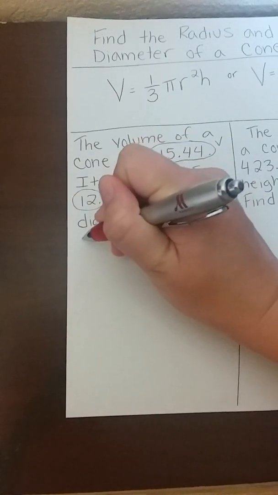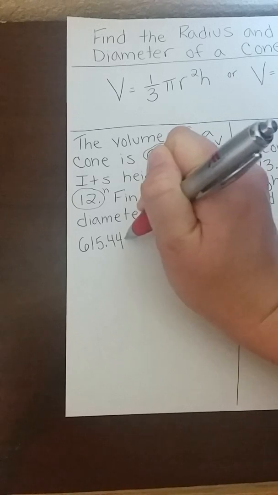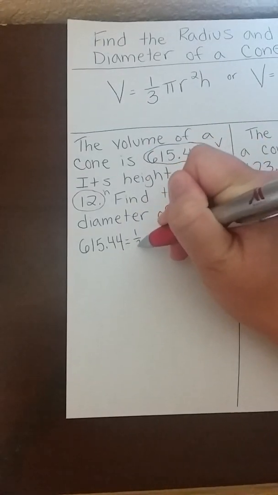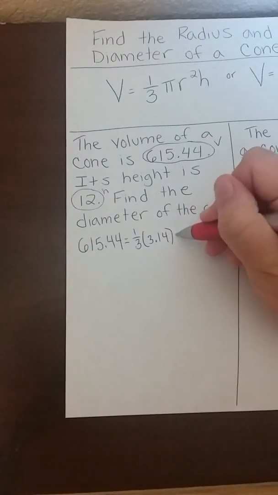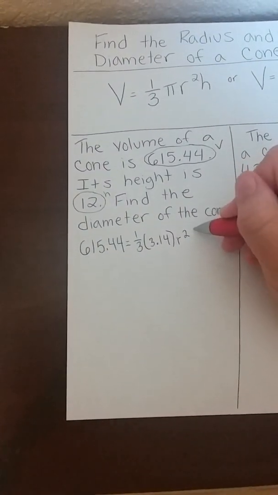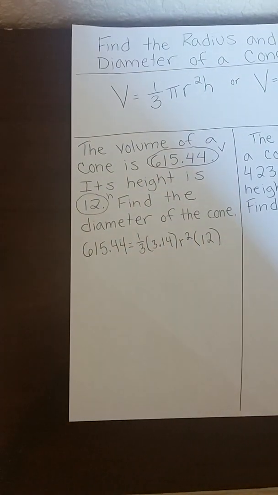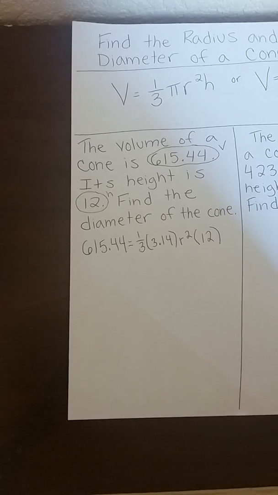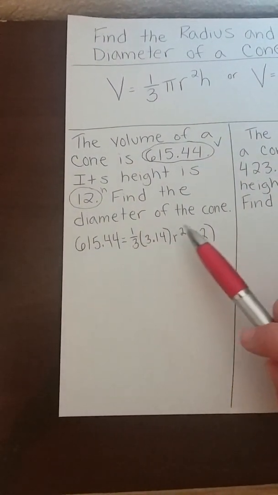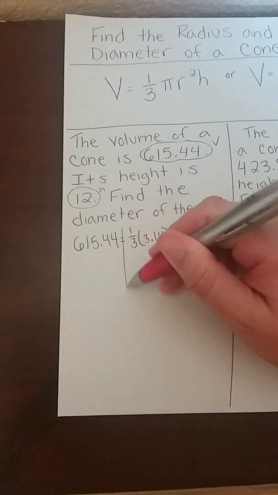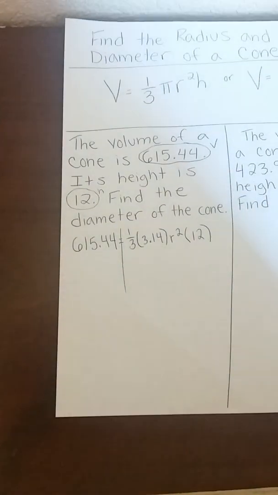So this is now going to say 615.44 equals 1/3 times 3.14. I don't know r, so I'm going to leave that r squared. And then h is going to be 12. Now, I can simplify this, and even though there's an r squared in the middle, I can still multiply these three things together because they're all on the same side, and this whole thing is one giant multiplication problem.